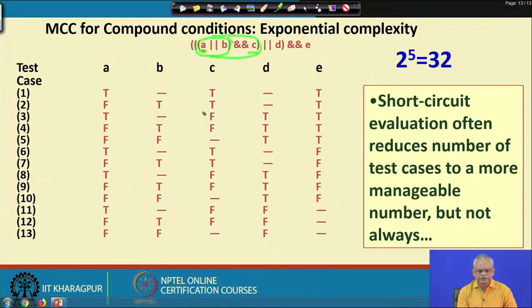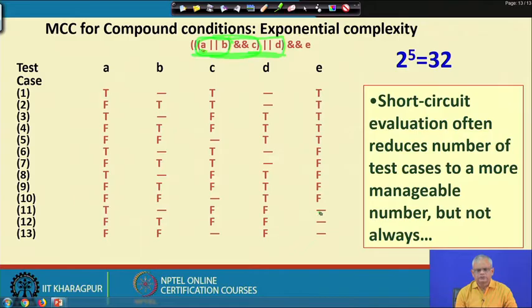But what about if, let us say, A is true and C is false, then this becomes false irrespective of the value of B, and let us say D is false. So, that means this is false, and therefore E does not matter.